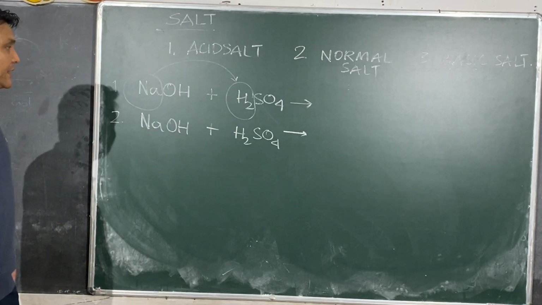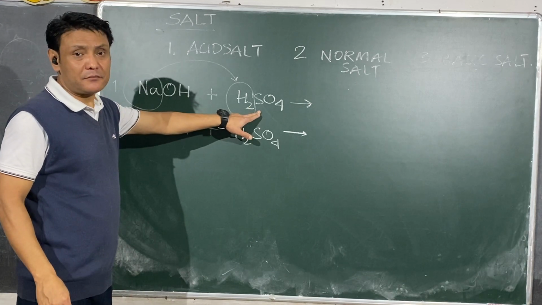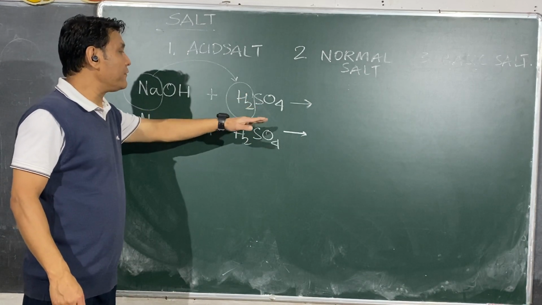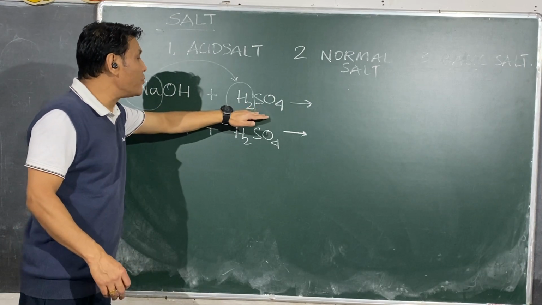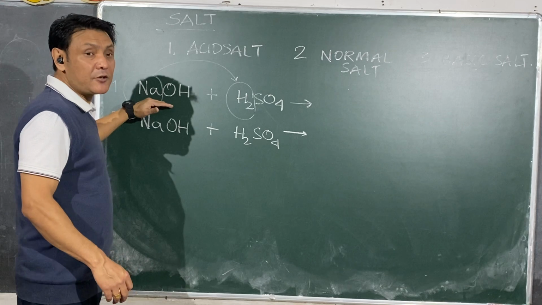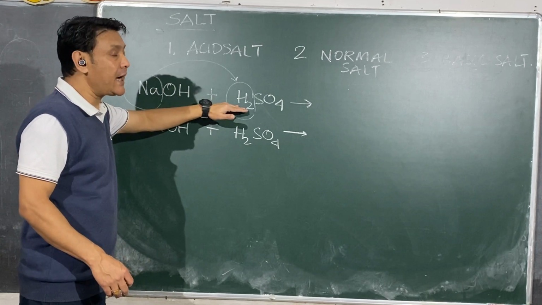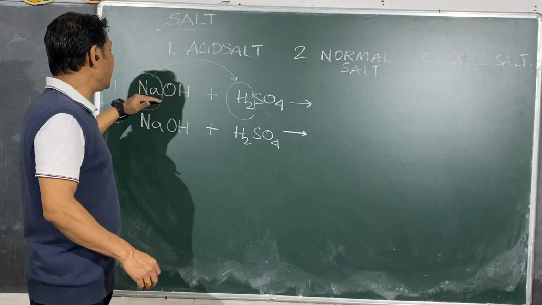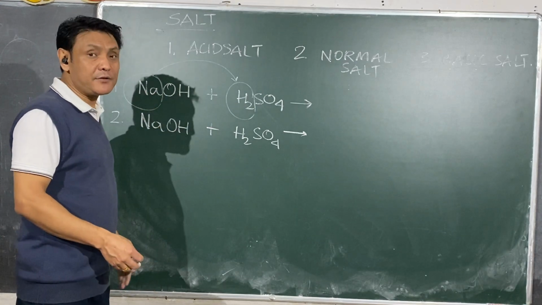Okay. So let me tell you again. If the concentration, or the amount, in simple language, the amount of sulfuric acid is more than the base, that is sodium hydroxide, then all the hydrogen ions of an acid will not be completely replaced by the sodium ions.